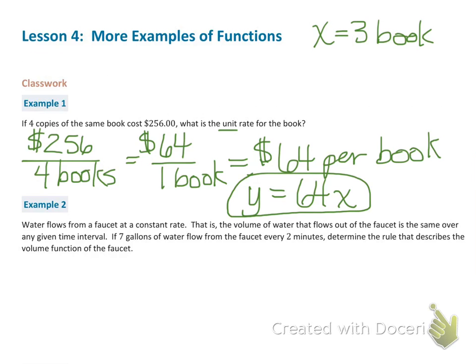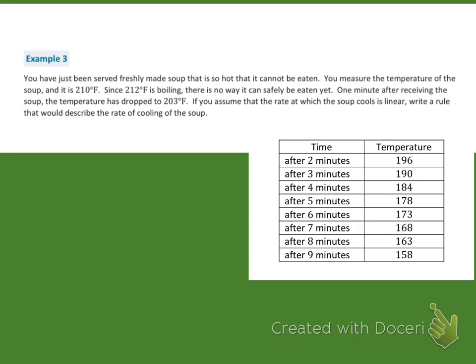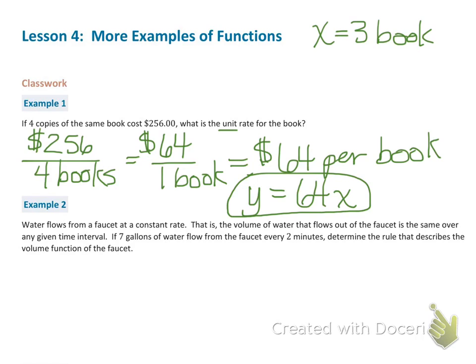If x is equal to 3 books, then y is equal to 64 times 3, which is 180 plus 12 is 192. $192.